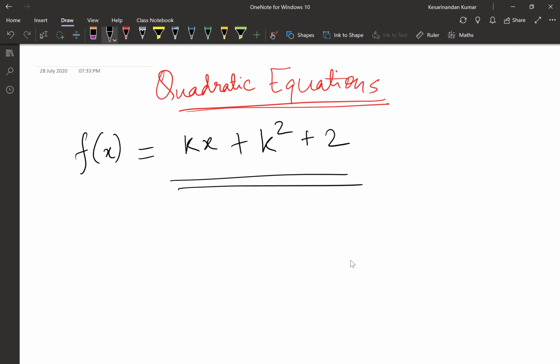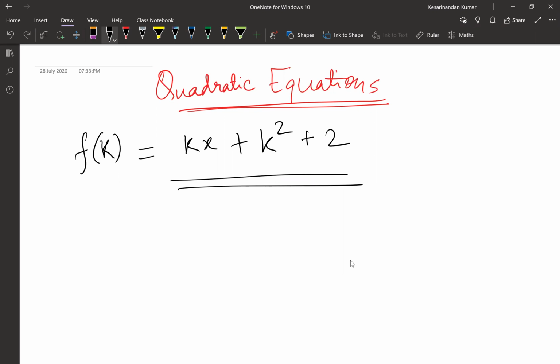X, here the variable is x. Why not k? Oh, the function, because in the function we have given it as x, so x is the variable. Okay, so is it now a quadratic equation? Yes.